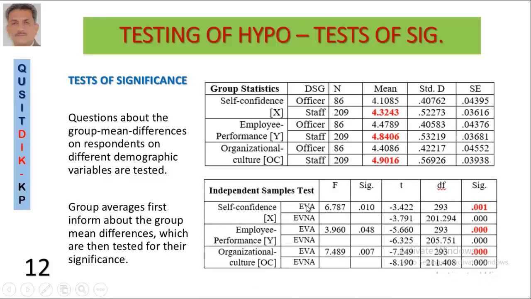Then we run the tests of significance, which means that the differences are visible from the descriptive table, but how far they are significant, how far they can be used to explain the population parameters.